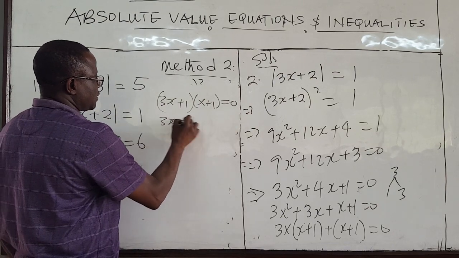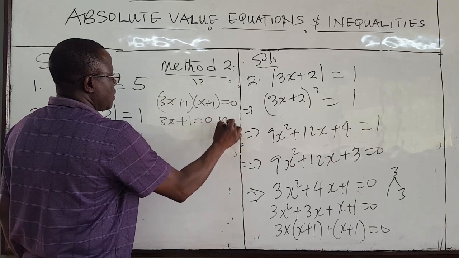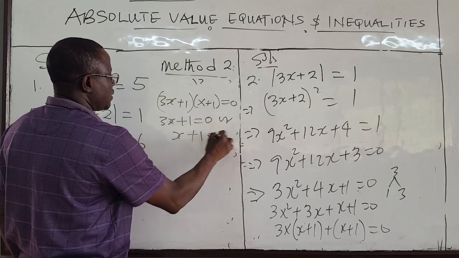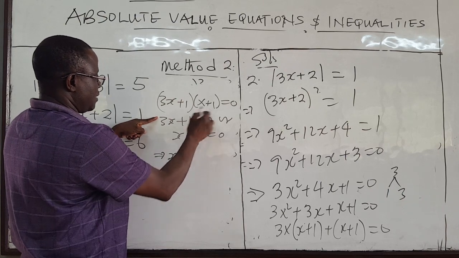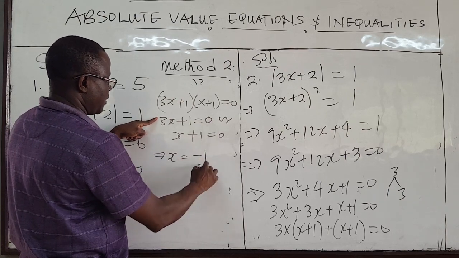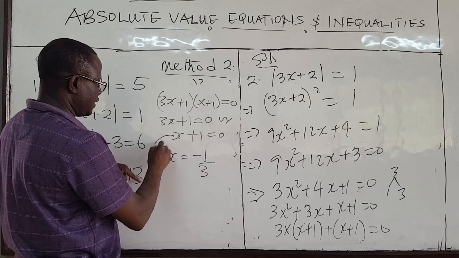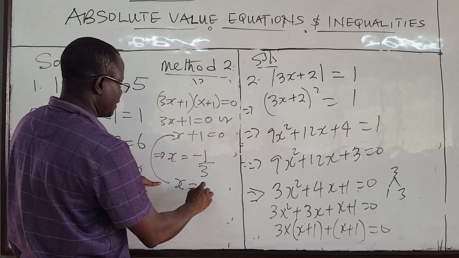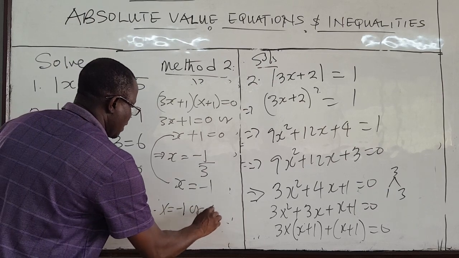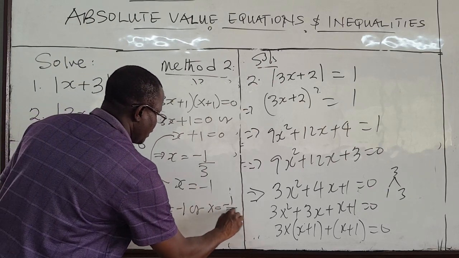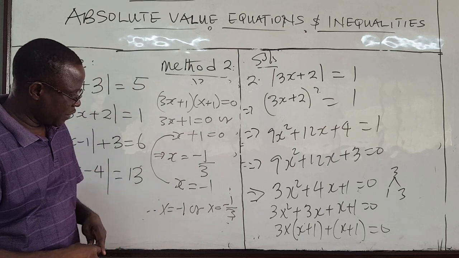So 3x + 1 = 0, or x + 1 = 0. The first one gives us x = -1/3, and the second one gives us x = -1. So x is -1, or x is -1/3.